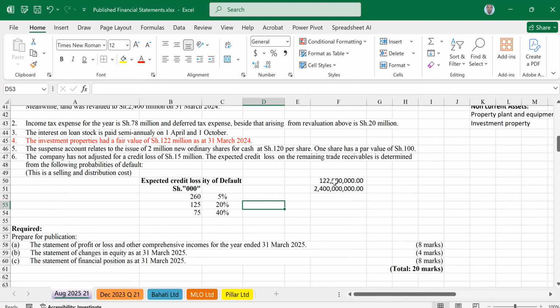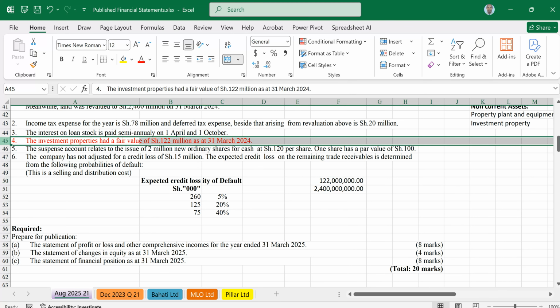That is way too much. So I'm not going to use this note. I'm going to assume that there's an error. If it was properly done, then we would have gotten a figure that maybe moved up by a small margin or a big margin. So this one is way too much. The carrying amount in the TB is 2.4, then the fair value is this, which doesn't make sense, unless there's a very big drop. So I'm not going to use note 4.